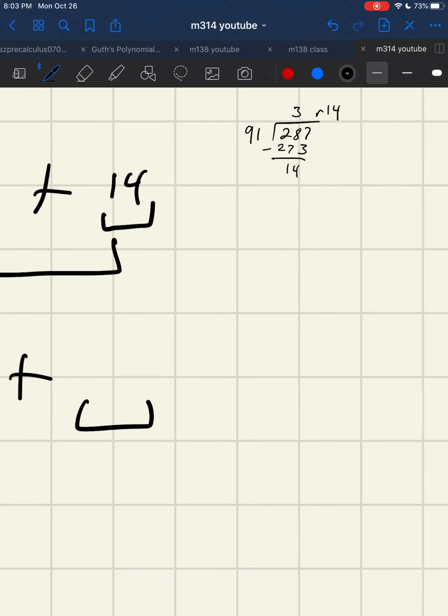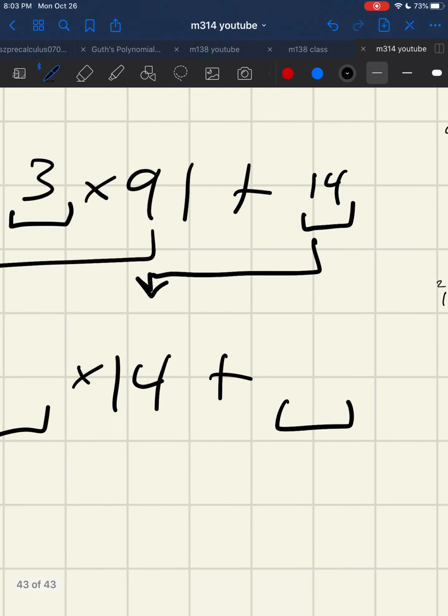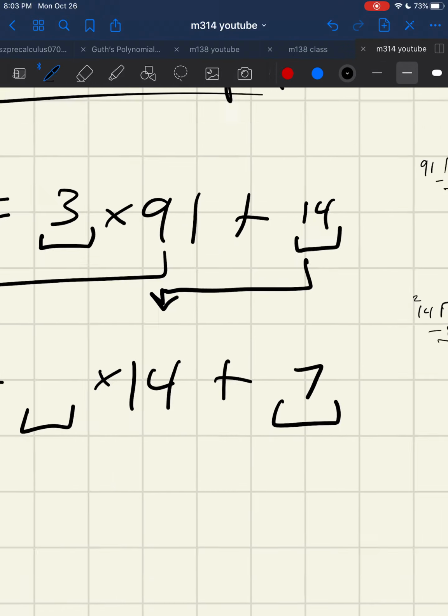Well, I think it's about 6, because 15 goes into 90 6 times, but let's just work it out. It goes in there 6 times. 6 times 4 is 24, and 6 times 1 is 6 plus 2 is 8, so it's 84. And what's left over? Well, there's a remainder of 7.